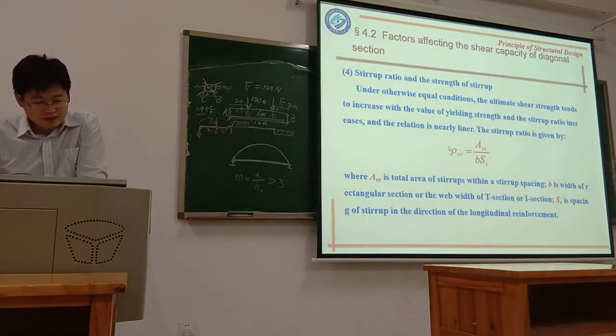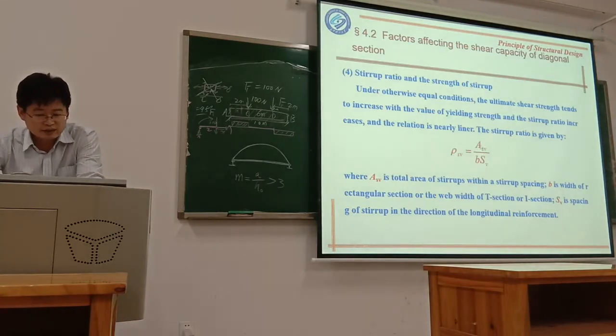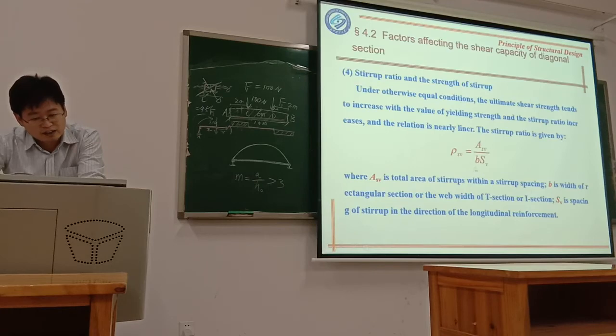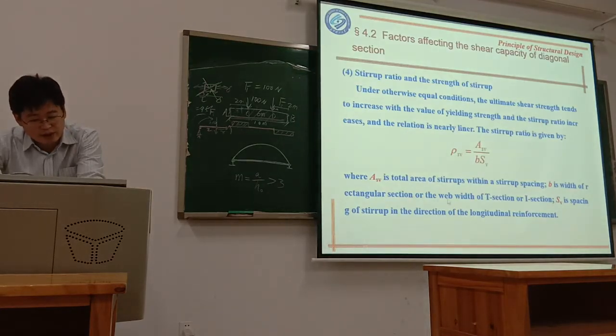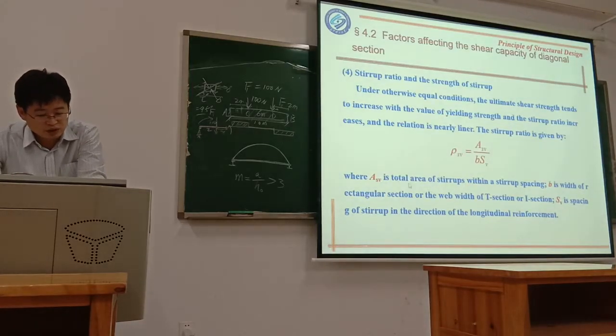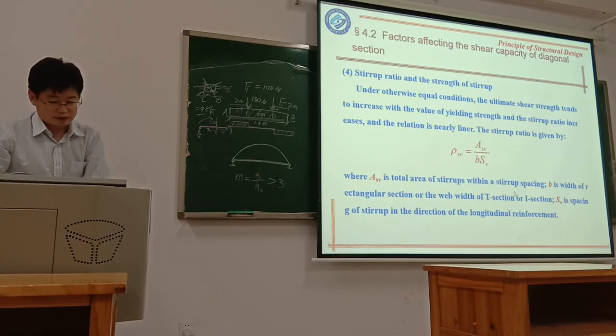You see, A is the area of the stirrup, and b is the width of the rectangular section of the web. So s_v is the spacing of the stirrup in the direction of the longitudinal reinforcement. A is the total area of the stirrup within the stirrup spacing.